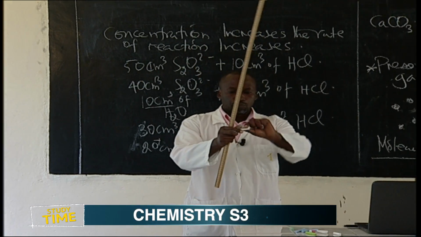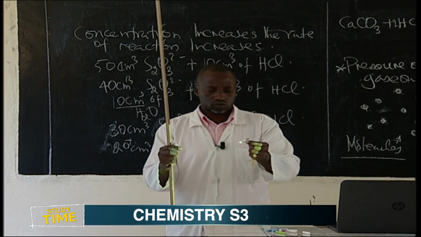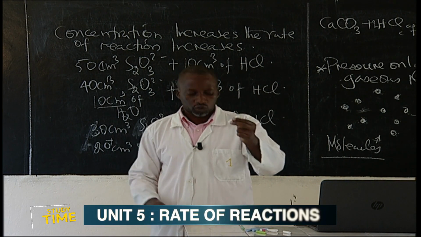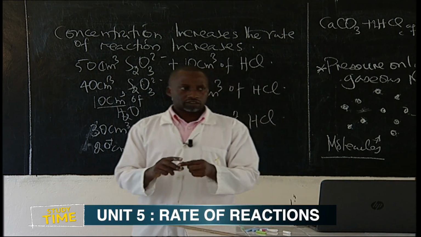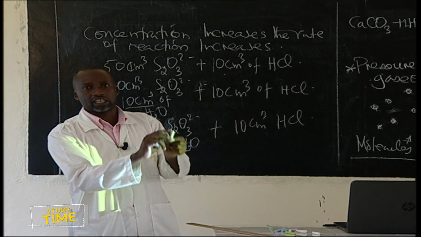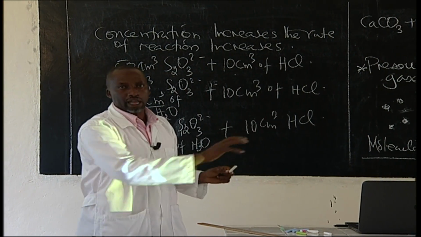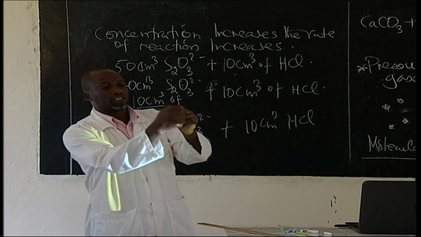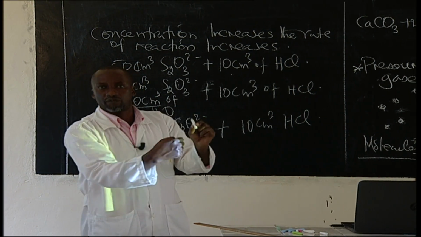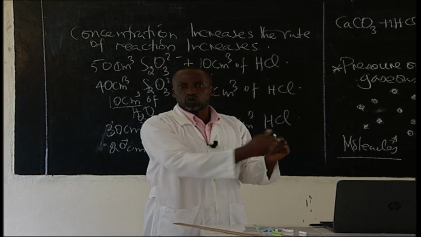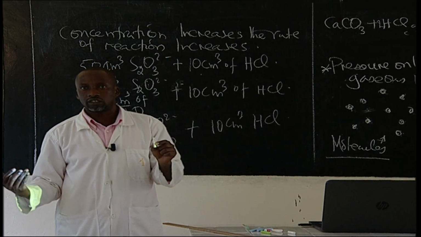So if I break this one into the powder form, what does that mean? It means that I'm exposing every particle that is here to another substance. But if it is in this form, large chunks, it means only the particles on the surface will be able to come into contact with another reactant.